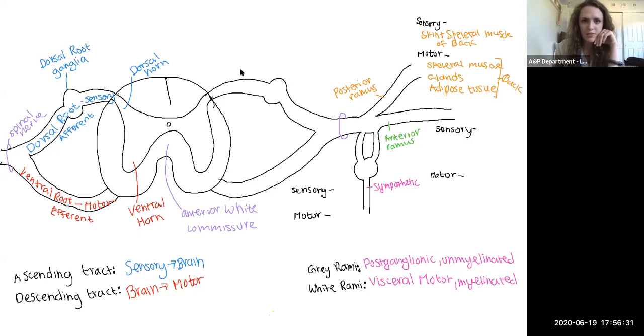Your anterior ramus, its sensory information goes from your ventrolateral body surface. So I'm going to just say side/front body surface. Okay, so just like your posterior ramus did the back, your anterior ramus is going to do your sides and your front.